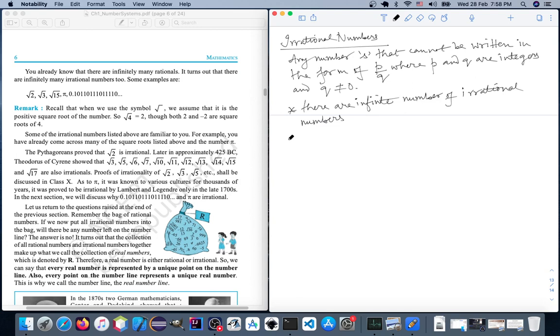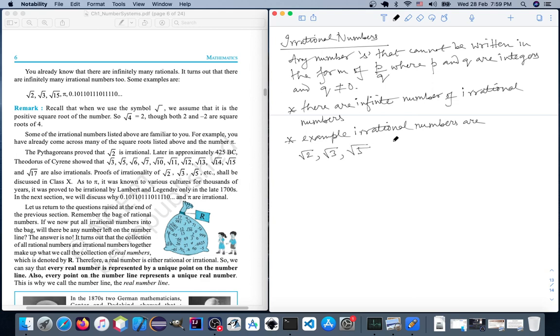Some examples of irrational numbers are root 2, root 3, root 5.